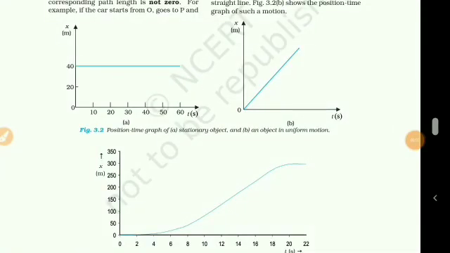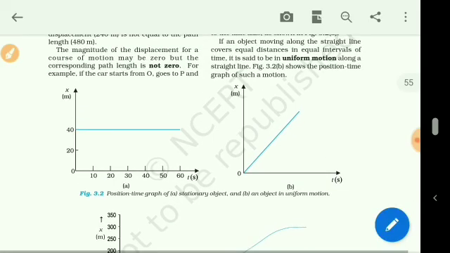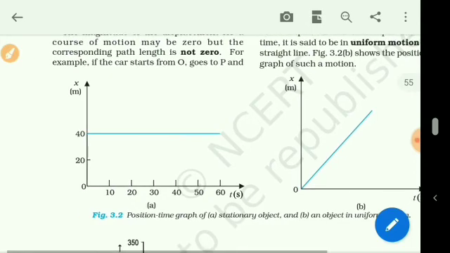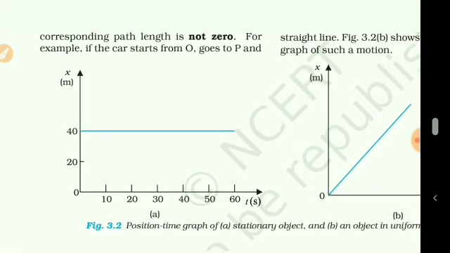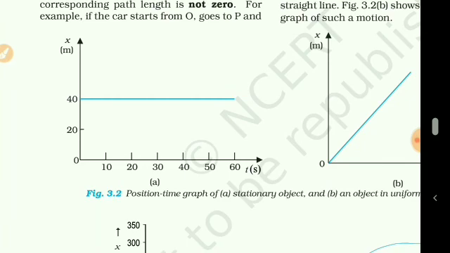Now students, here the uniform motion is shown by the graphical method. Here we are going to restrict our study to motion along a straight path, and not the circular motion, oscillatory motion or any other type of motion.